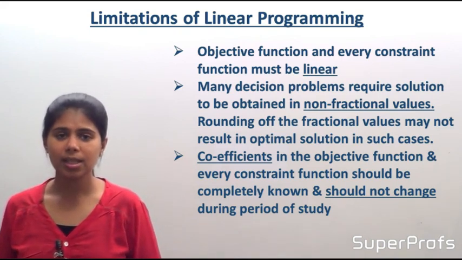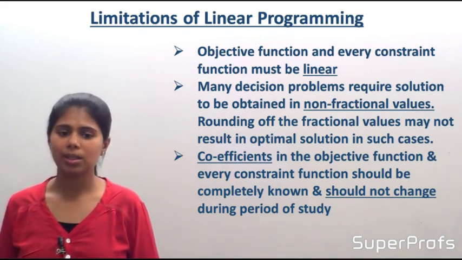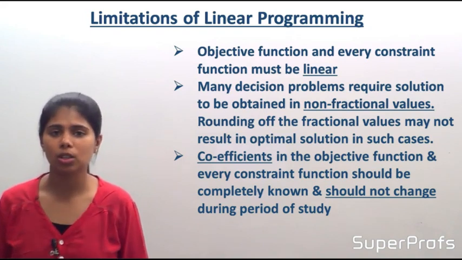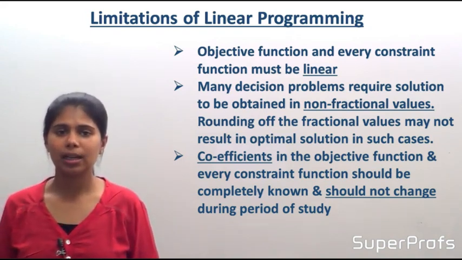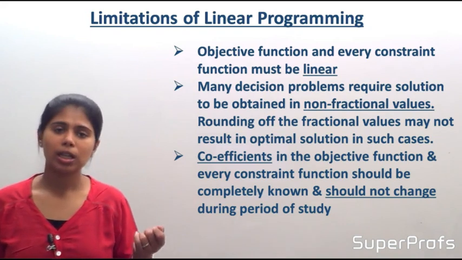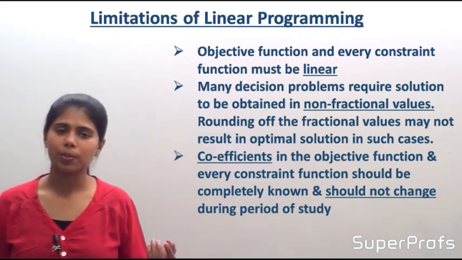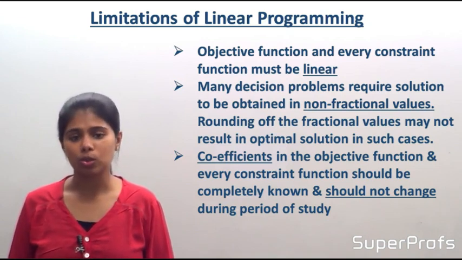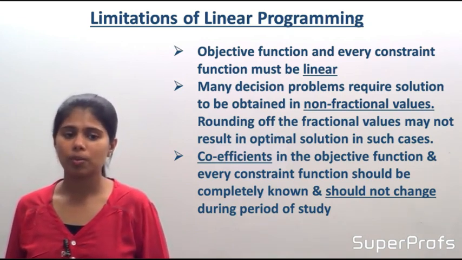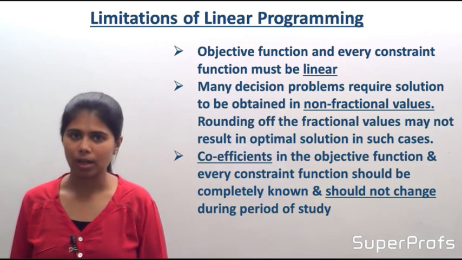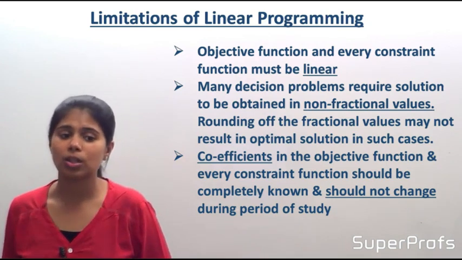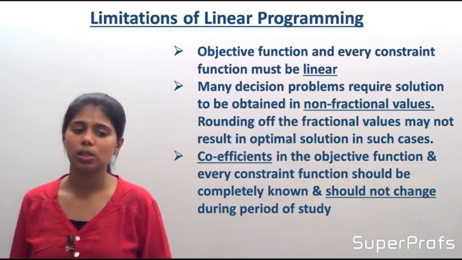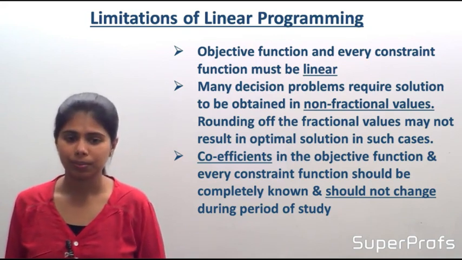The second is that many decision problems require solution to be obtained in non-fractional values. So if I get the answer in a fractional value, it's not going to solve my purpose, and rounding of that also may not give me the optimal solution. So therefore many decision problems require solution to be obtained in non-fractional values. Rounding of these fractional values may not result in optimal solution in such cases.